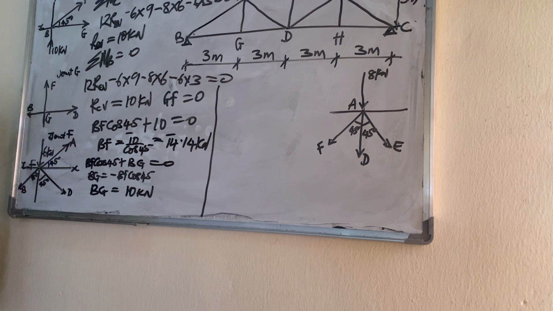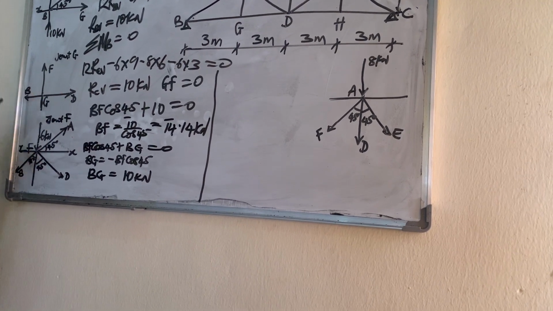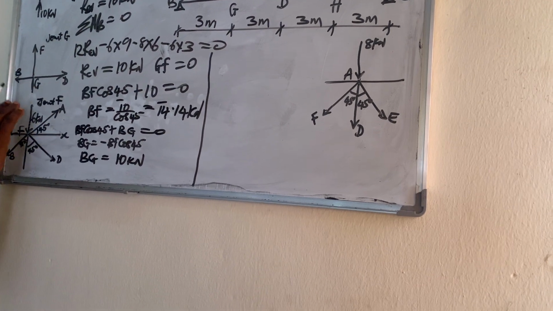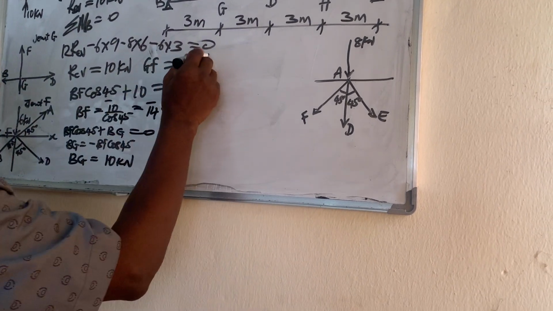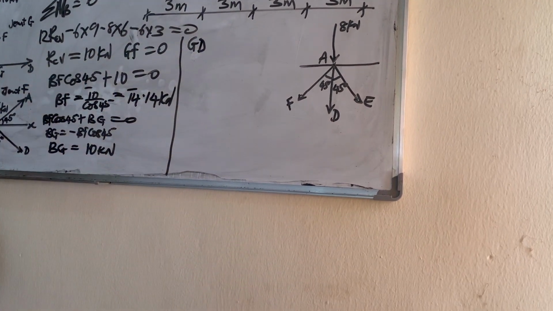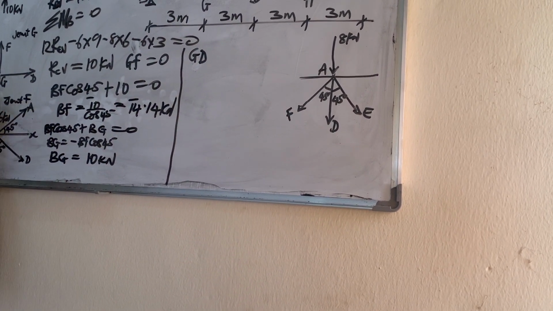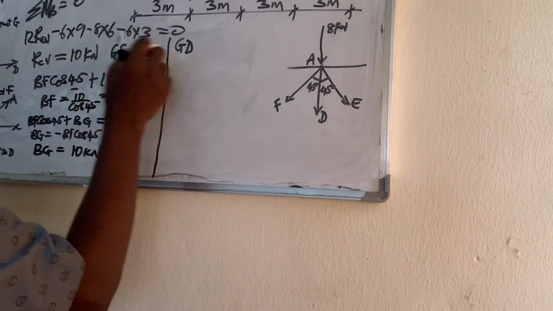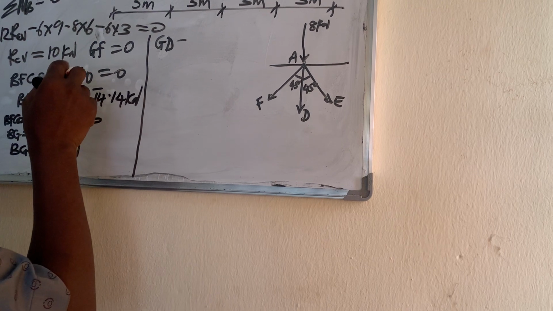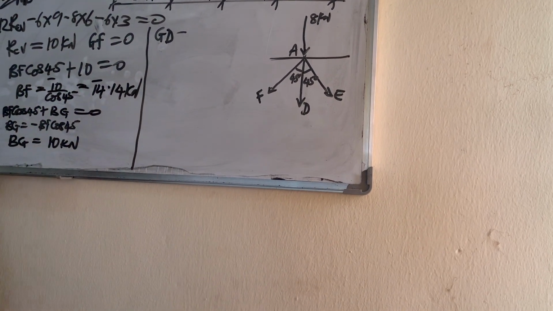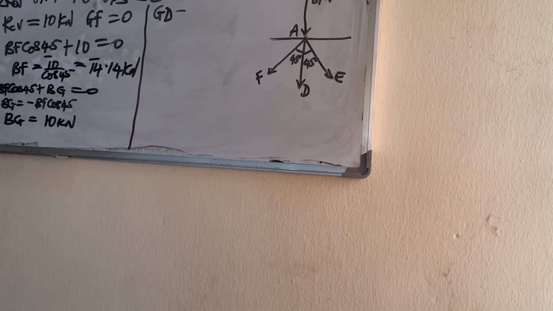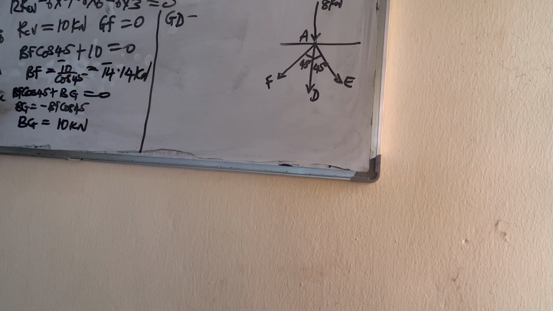So the next one is GD. GD is already horizontal, so it doesn't need resolution. GD minus GB, and already I have BG. BG is GB. And I got BG equal to 10.